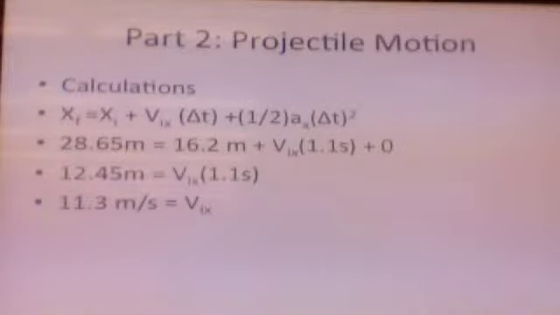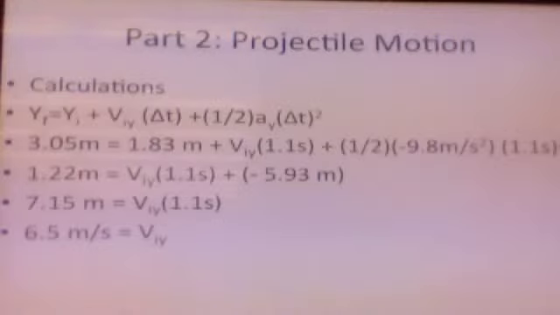We used our kinematics equation, plugged in our givens, and found initial velocity in the x direction to be 11.3 meters per second. To find initial velocity in the y direction, we used the same equation but plugged in our y values. We calculated the initial velocity to be 6.5 meters per second.